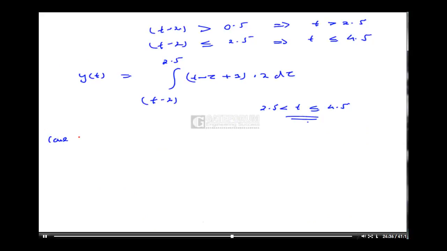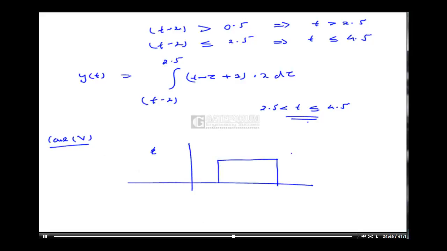Last case is something like this. This has completely moved out from HT.